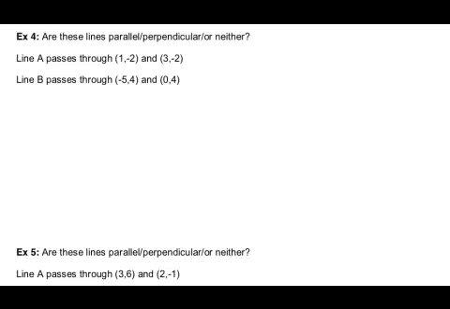of each of them. So for line A, we are given the points 1, negative 2 and 3, negative 2. So the first thing we want to do is find the slope. If we are given 2 points, if you remember, our equation is m equals y2 minus y1 over x2 minus x1.